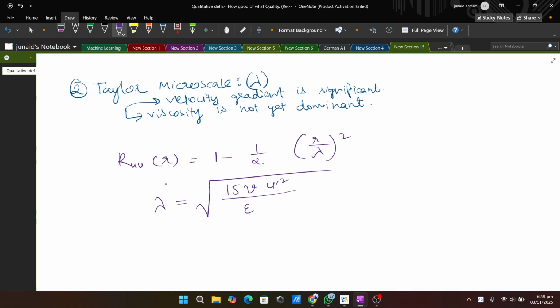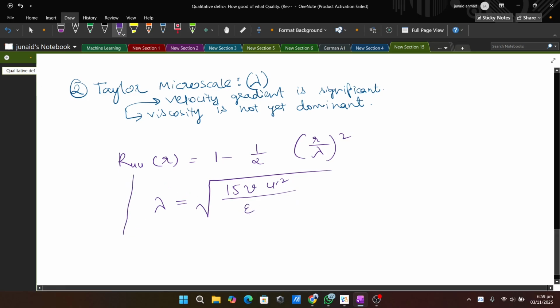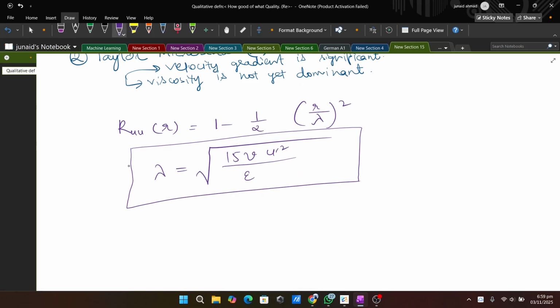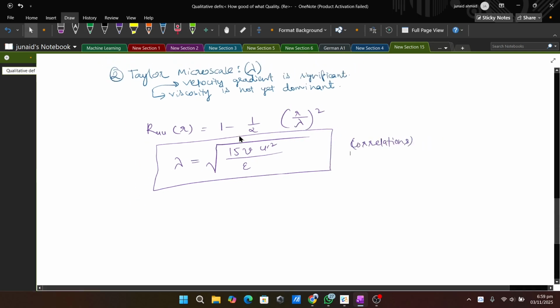Okay, so this is my equation. We need to keep this in mind if we are looking to solve numerical problems from this equation. These are basically nothing but correlations.